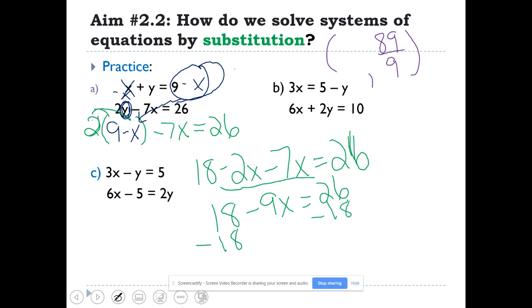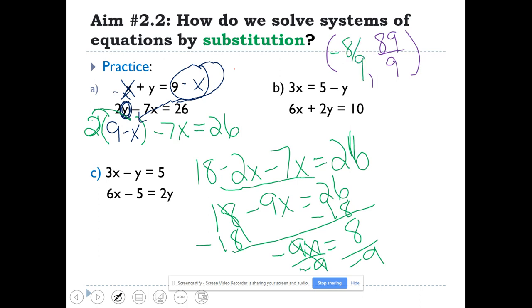Subtract the 18 over. Negative 9x is equal to 8. Divide by negative 9. And we have x is negative 8/9. This is our answer, or our solution to that system.